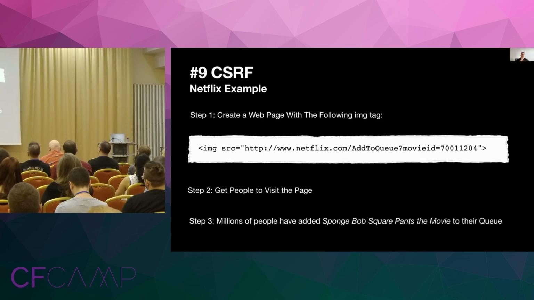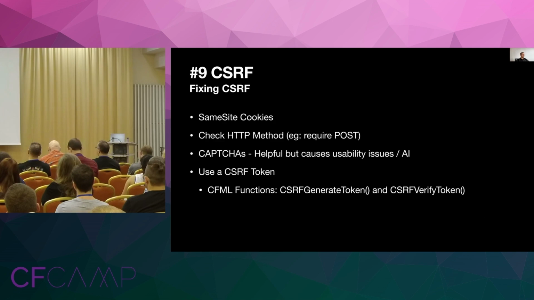So the problem is, what somebody figured out was if you put an image tag on your page with this movie ID, anybody who was logged into Netflix and viewed your page would have this HTTP request made, and the user's cookies are sent with this image request as well, so it would think the user was authenticated and actually wanted to add this movie to the queue. And then millions of people added SpongeBob SquarePants the movie to their queue due to this issue.